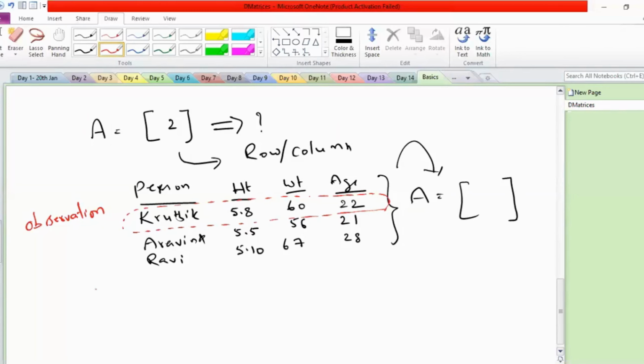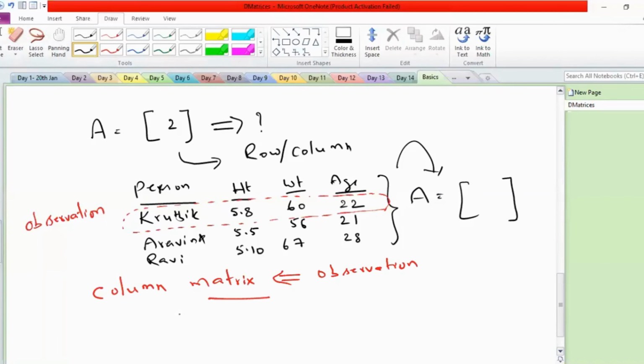Remember, I am writing it in red color. Column matrix, observation always represented in a column matrix. Keep this in your mind.